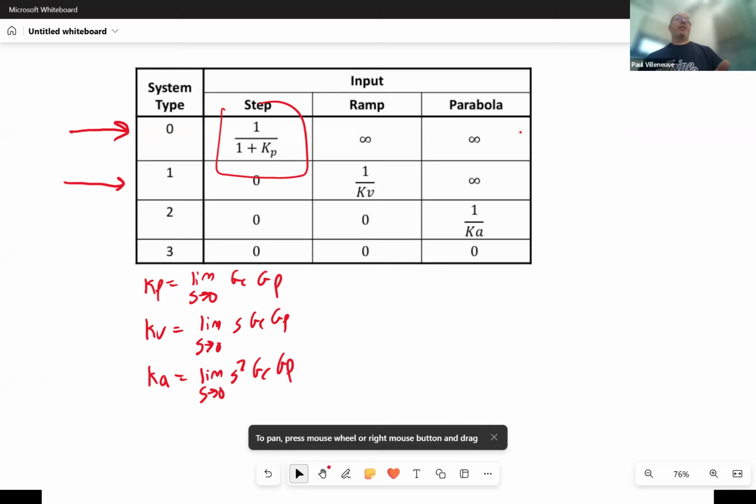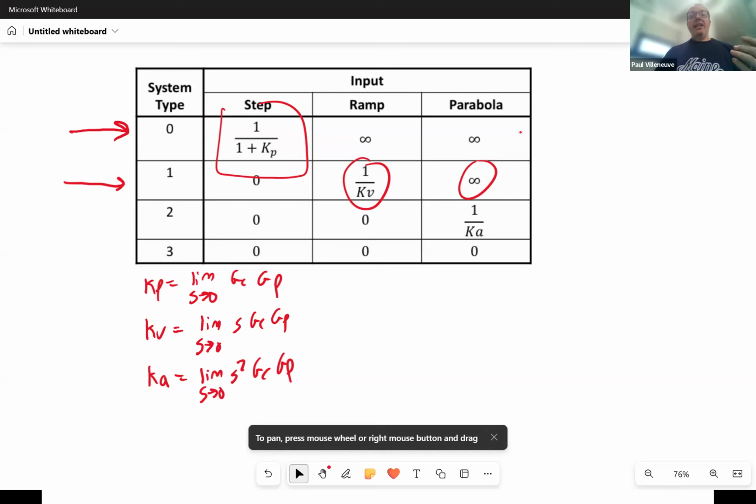Over here, with a ramp input, I can get a steady state error, and I want to limit it to 10%. Parabolic, I'm out of luck, because there's nothing I can do to my value of K that's going to make that disappear. So the only one I'm going to worry about is the ramp input, because for a step, I got it by default.